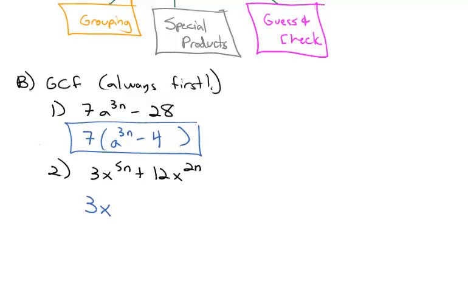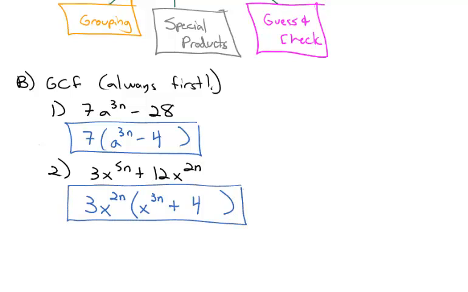When we want to know how many x's in common, we take the smallest exponent out, and 2n is smaller than 5n, so we'll take out x to the 2n. When we divide 3x to the 5n by 3x to the 2n, we're left with x to the 3n. Plus, 12 divided by 3 is 4, and the x to the 2n's are divided out. And we have now factored out that greatest common factor.